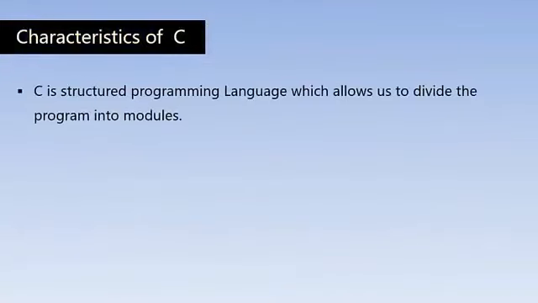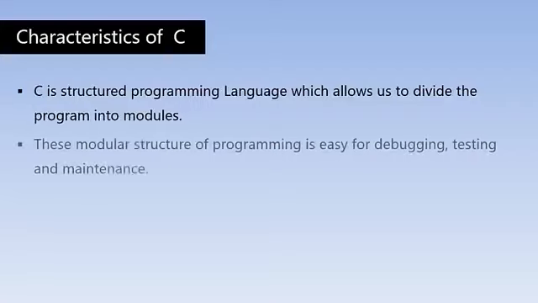C is a structured programming language because we're going to divide the entire C program into smaller parts called modules, which we'll be covering in later classes. We'll learn what a module is and how to divide a program into modules and functions. This modular structured programming is easy for debugging, testing, and maintenance. Think about a big problem.